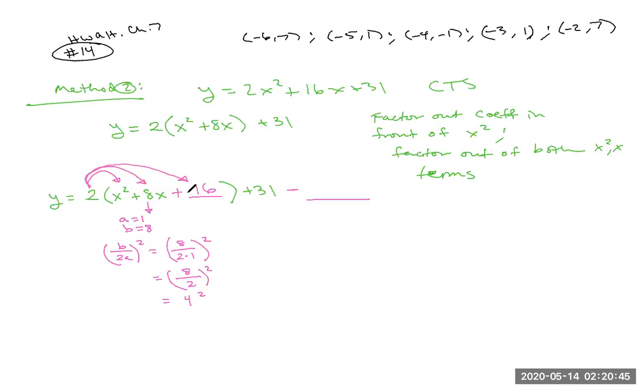So you're really adding 2 times 16. Okay, so now my formula is y equals 2 times x squared plus 8x plus 16, plus 31 minus 32.